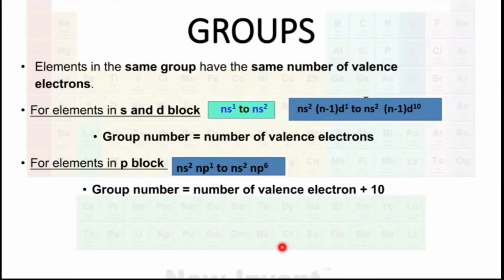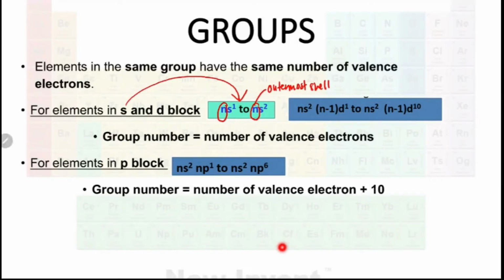For an element in the s block, the valence electrons lie in orbital ns1 and ns2. So what is n here? n is the outermost shell. You need to determine the outermost shell of your element based on the electronic configuration.